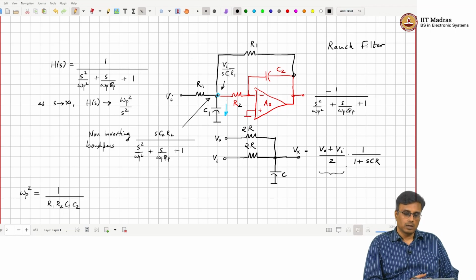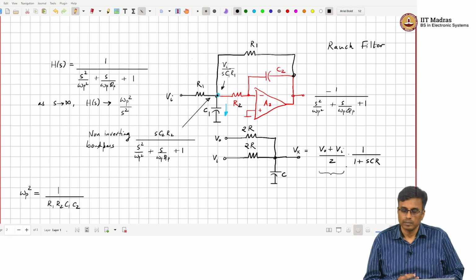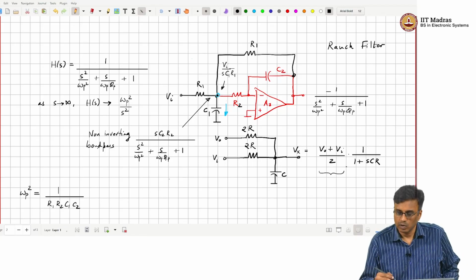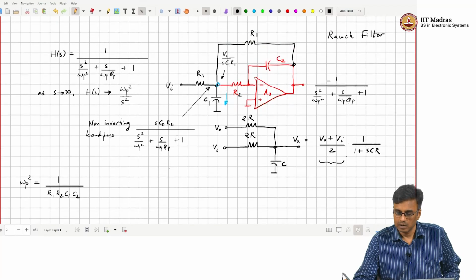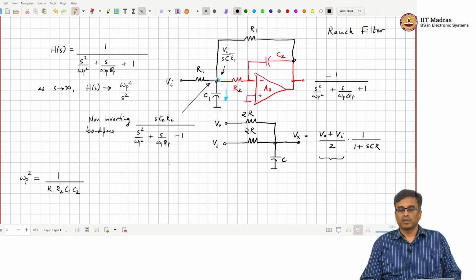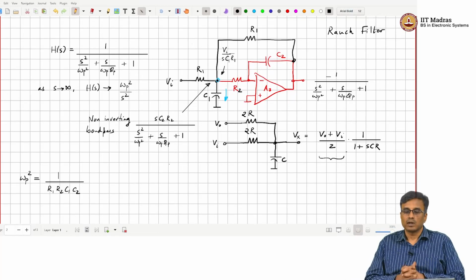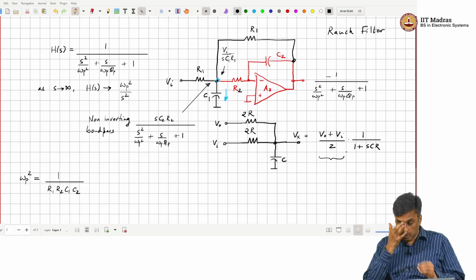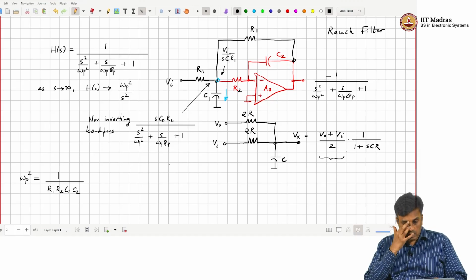This is a fairly popular variant, which is used when people are building second order low pass filters, especially with discrete components, simply because of the economy of components.